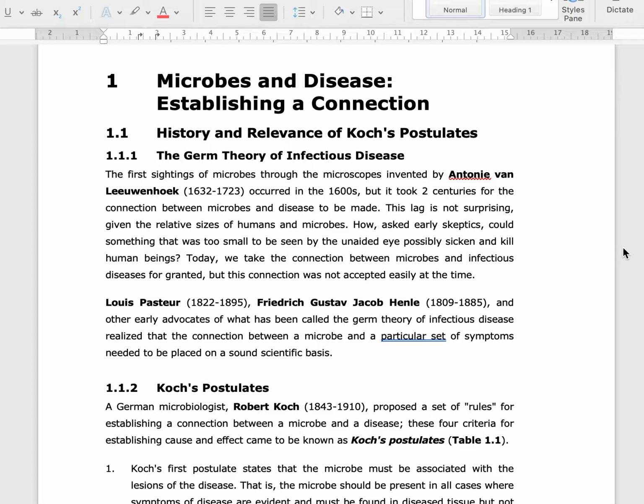However, please keep in mind that the original postulates proposed by Koch have many limitations. So nowadays those original rules are actually not used; rather, some modified versions of the original postulates, or alternative approaches, are used to establish the connection.